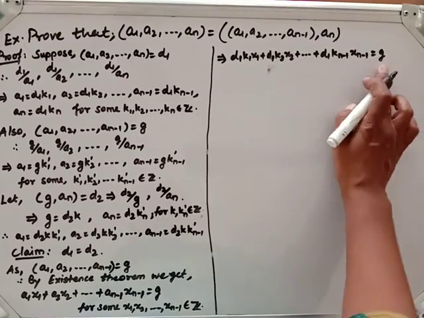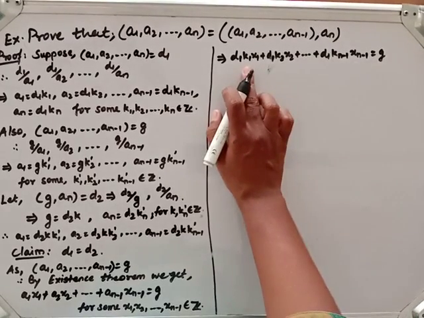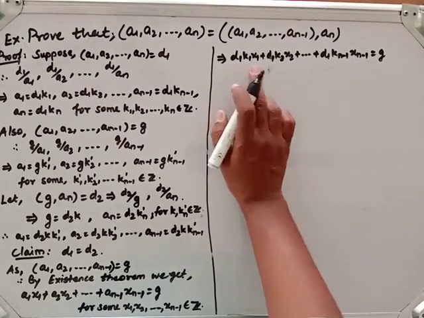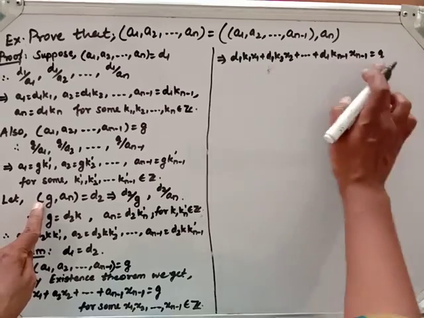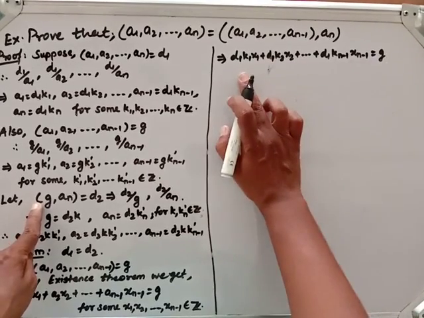I want the expression of G in terms of d1. Why do we need it? We will see further. When I use the existence theorem here, I need the value of G, that's why I found the value of G in terms of d1.